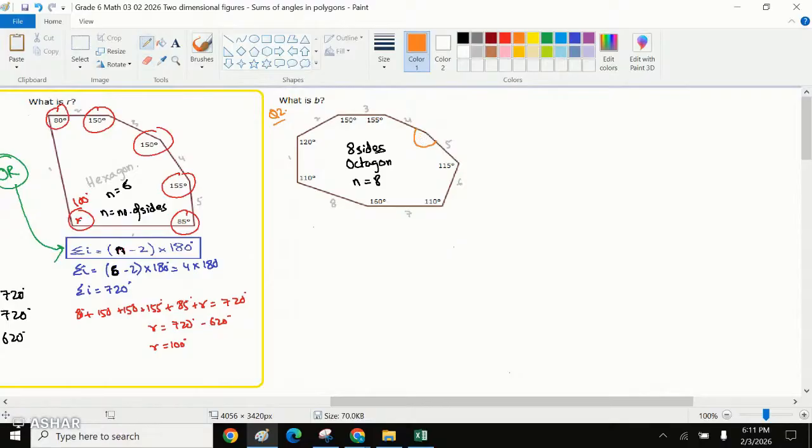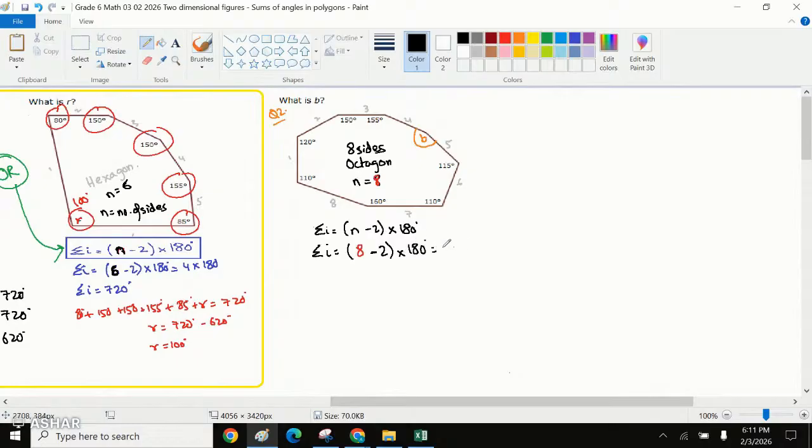We had to find this angle B. Can we find the sum of interior angles? The formula for the sum of interior angles is n minus 2 into 180. So the sum of interior angles for the octagon, with 8 sides, would be 8 minus 2 into 180.